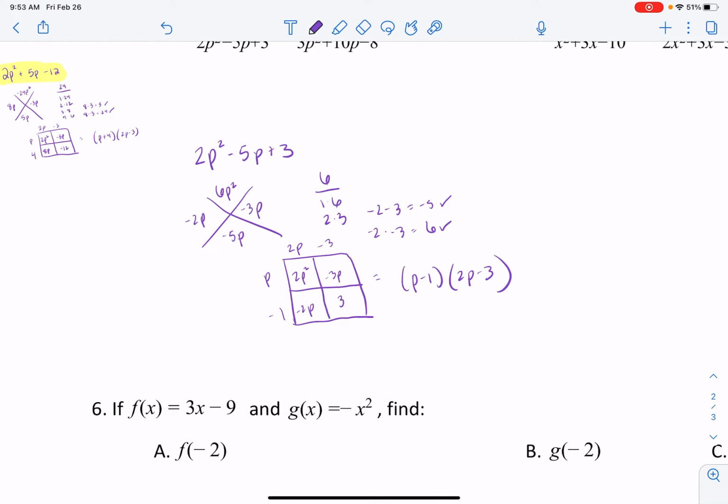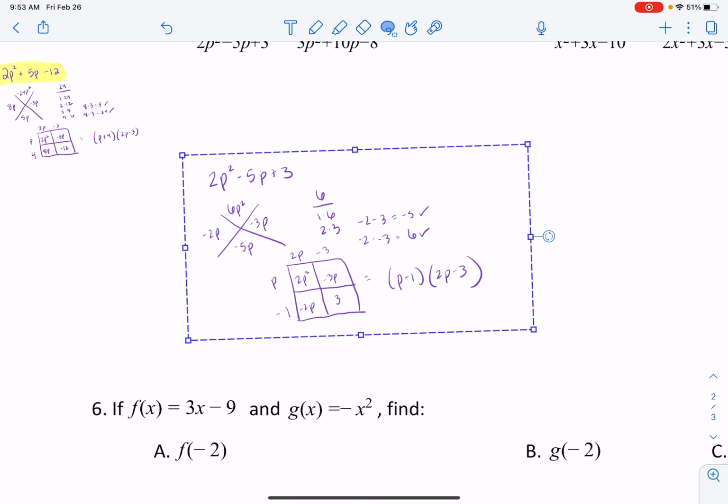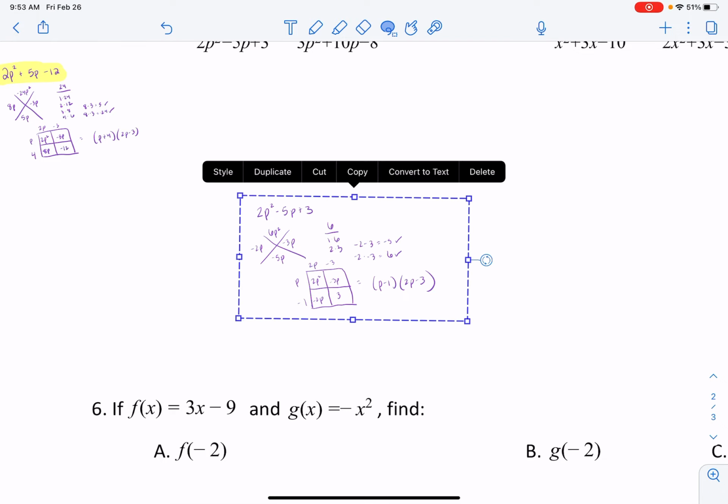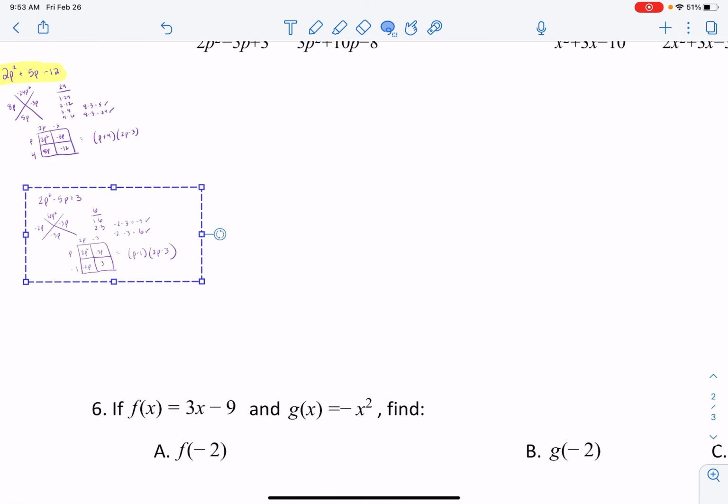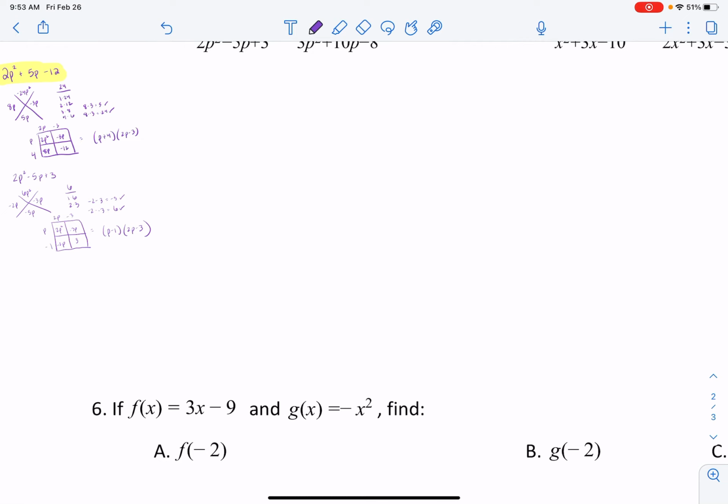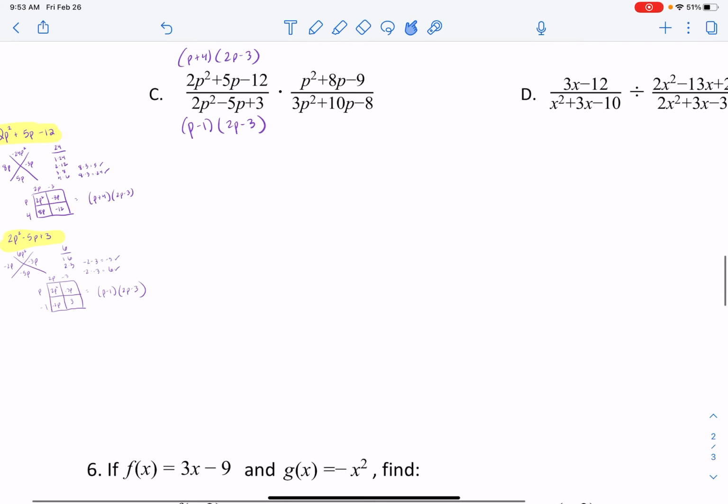Okay, so we finished this one. And I'll rewrite that up here. P minus 1 times 2p minus 3. And then we've got one more to diamond method.